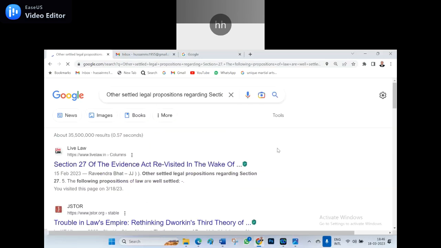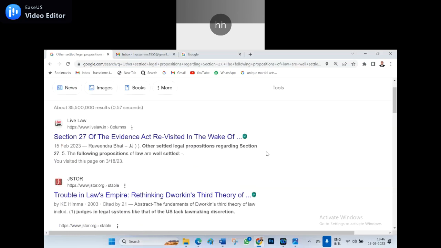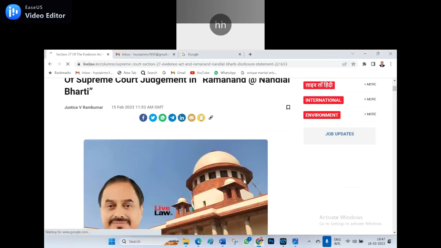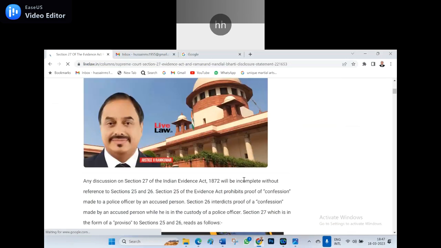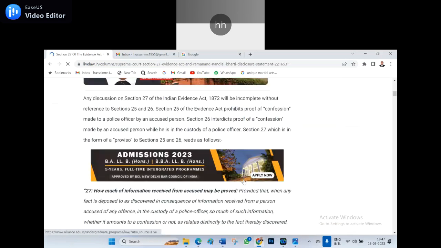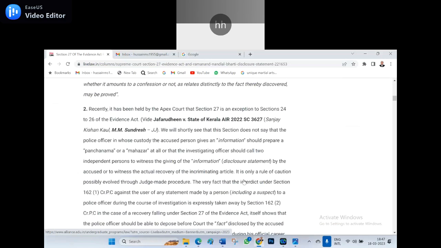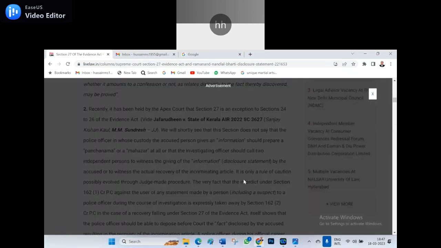Another settled proposition regarding the section of the following proposition. That is the case law of section 27. But I want the case law. Yeah, it will come, don't worry. Yes, it has come. This case law is Jafaruddin.